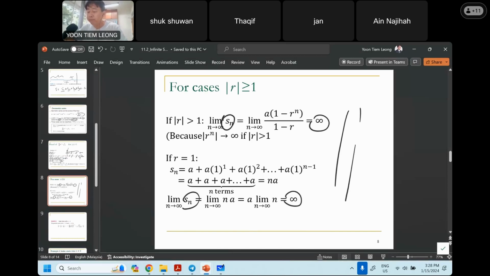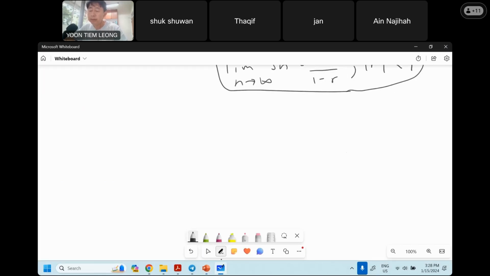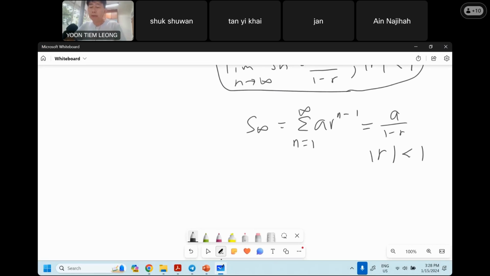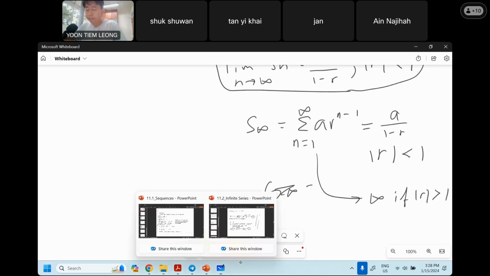So up to this point, it is concluded that if you have a geometric series expressed in the form of the summation of ar^(n-1), when n runs from 1 to infinity, this would converge to a over 1 minus r if the magnitude of the ratio r is less than 1, and this would diverge to infinity if the magnitude of r is larger than 1.